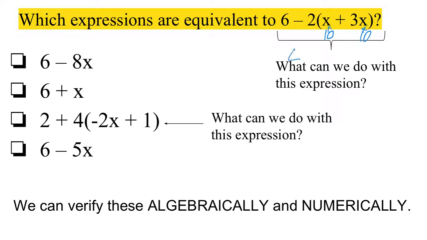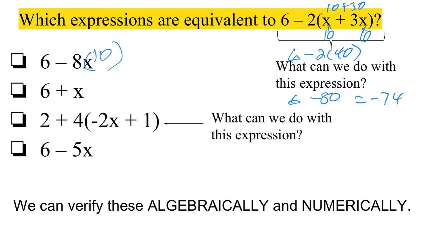Then what I would have is 6 minus, and then this would be 3 times 10, which is 30, plus 10 is 40, so this would be 10 plus 30, which is 40, minus 2 times 40. So then I've got negative 2 times 40 is negative 80 back here, and then 6 minus that makes negative 74. And then if I put 10 into any of these, like if I put 10 in here, 8 times 10 is 80, that's 6 minus 80.